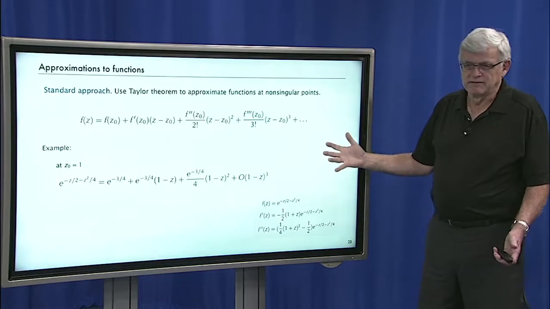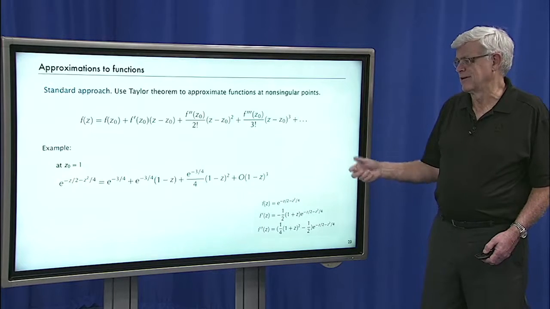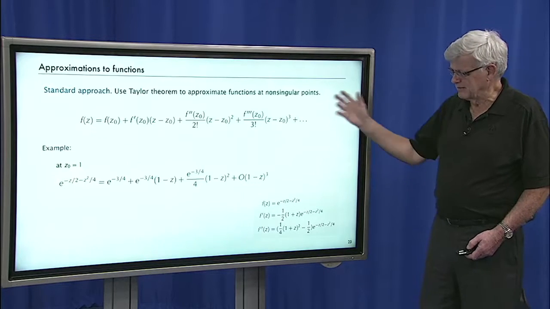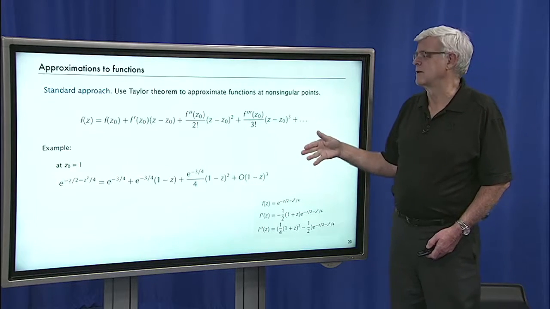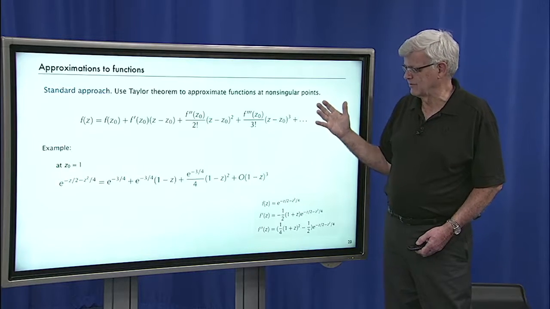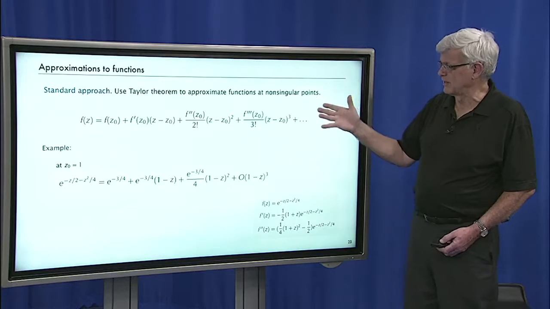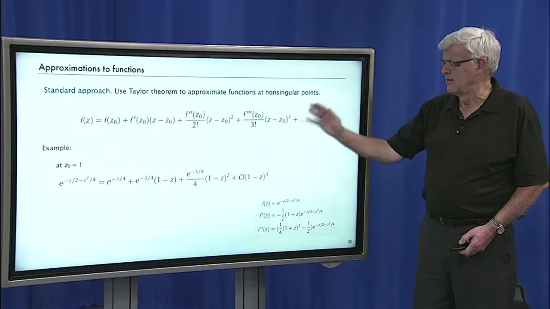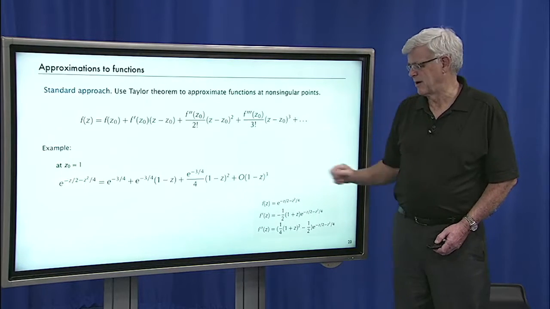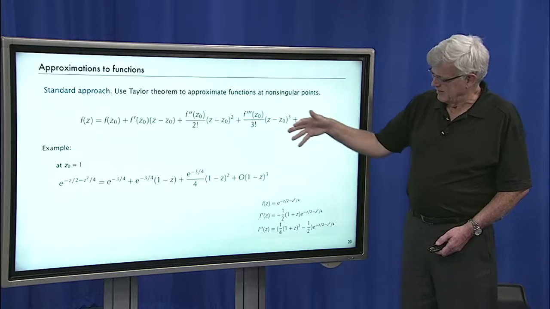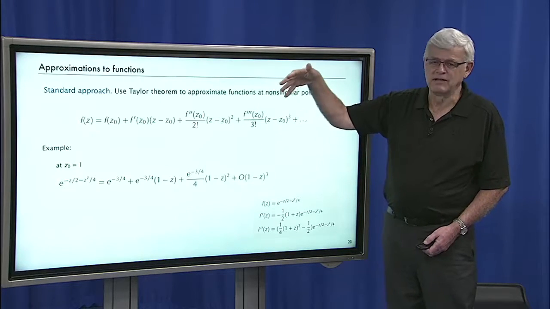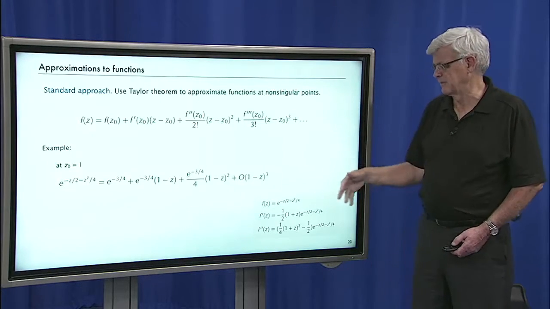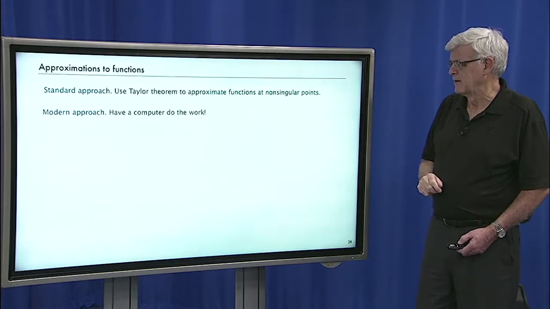That's a fine method that's been known for centuries, and that's what we're going to do for singularity analysis: exploit this ability to approximate functions at non-singular points in terms of a power series. And that's what's going to take us to the standard scale, as we'll see.